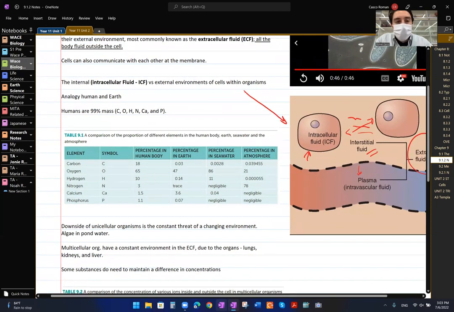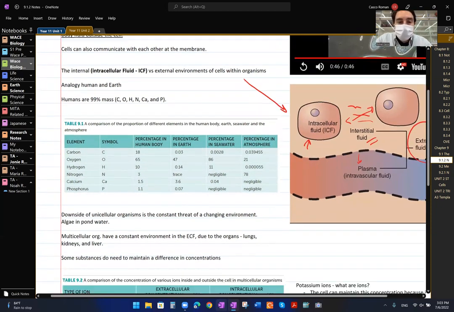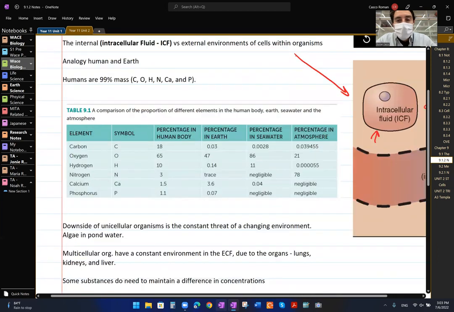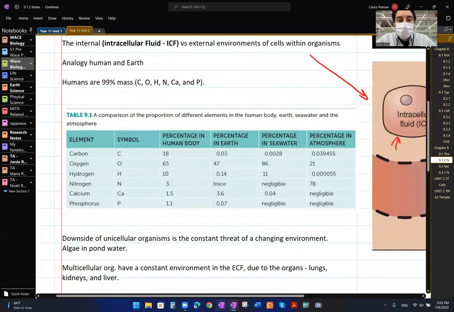And the reason why we need to regulate what's outside and what's inside is quite interesting. The book gives a nice analogy between humans and Earth.